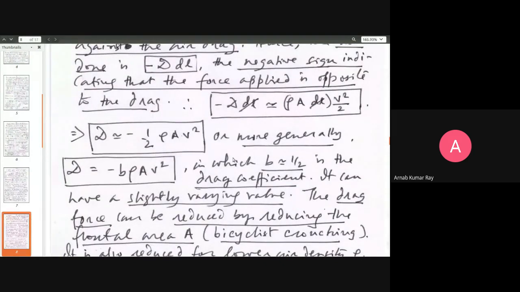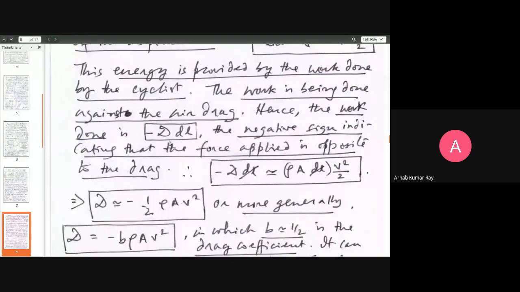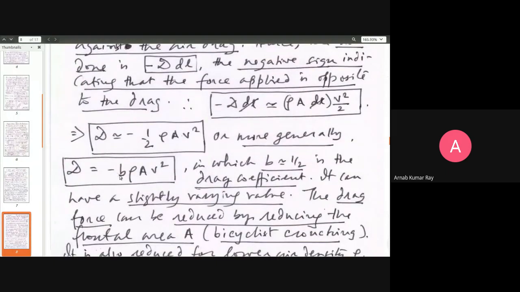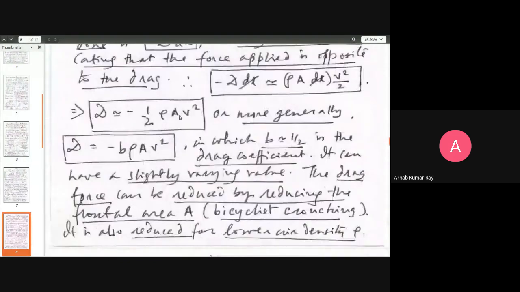More generally, we call it B as a constant, in which B, the drag coefficient, is of the order of approximately half. It can be slightly different from that, but it will be something of that order. Now, this capital D is equal to minus an experimental constant, to be determined experimentally, times the density of air times the frontal surface area times the square of the velocity.